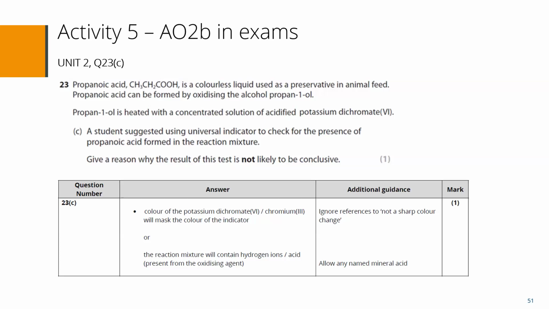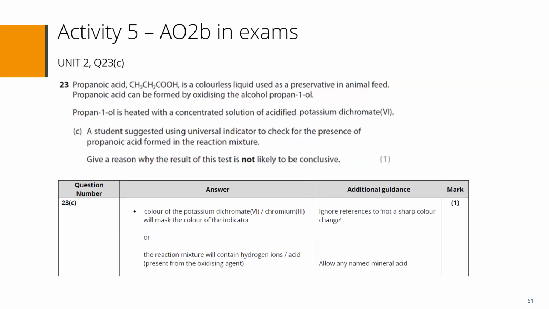Okay. Propan-1-ol is heated with a concentrated solution of acidified potassium dichromate(VI). A student suggested using universal indicator to check for the presence of propanoic acid formed in the reaction mixture. Give a reason why this result is not likely to be conclusive.